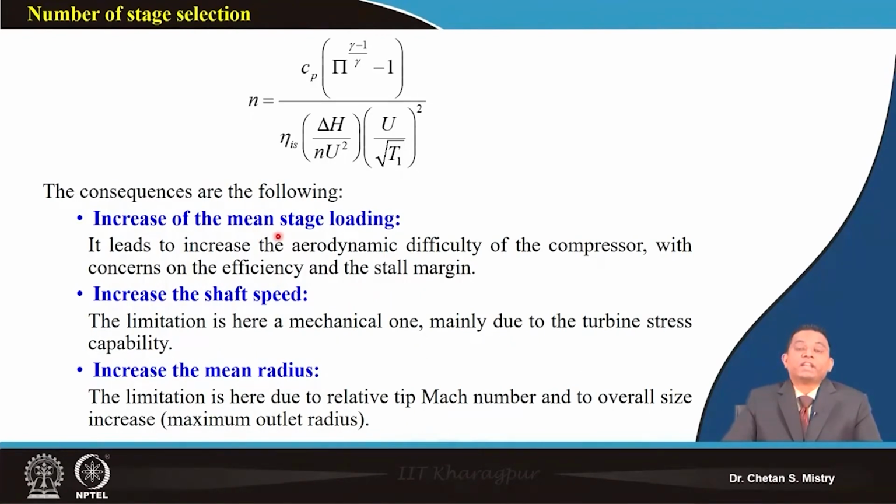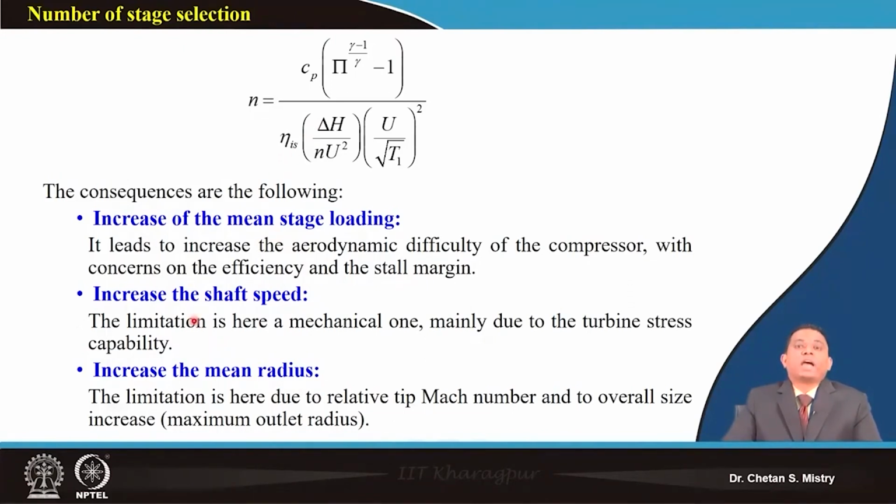When we increase the stage loading, the per-stage pressure rise will be very high, and that may lead to a large delta beta. In that situation, there are chances for the flow to get separated, and that is why higher loading is one of the major concerns.